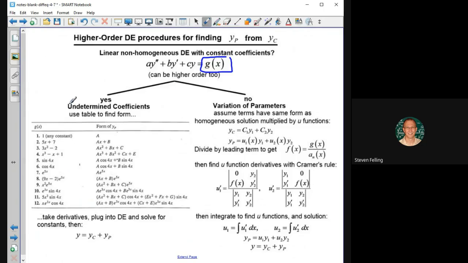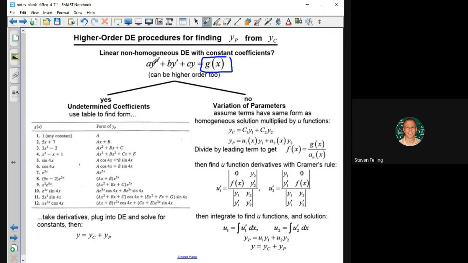And then we either use the method of undetermined coefficients, where we look up the particular form in a table and then plug in and establish these constants, or we can do variation of parameters, where once we have the homogeneous solution, we just assume that the particular solution is the same functional part of the term, but times new functions u1 and u2. Right?